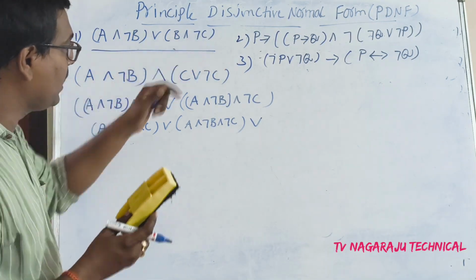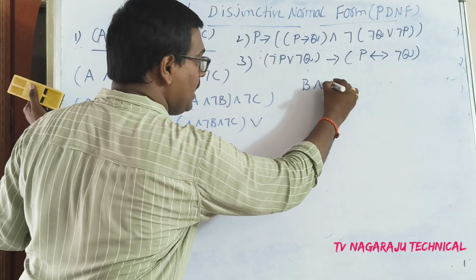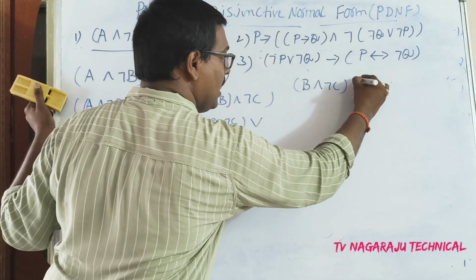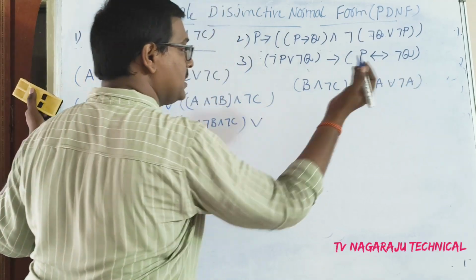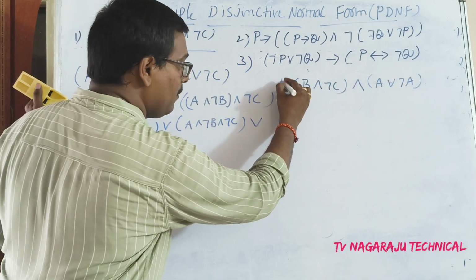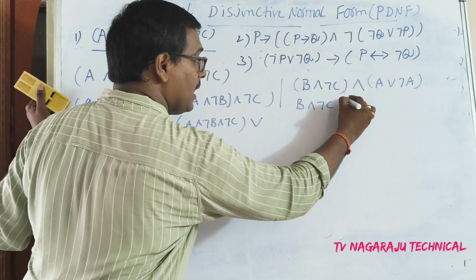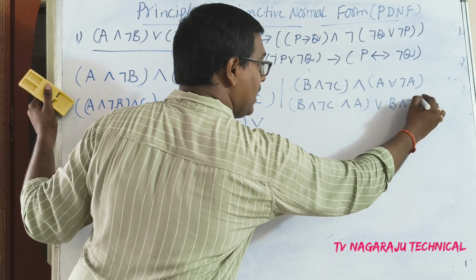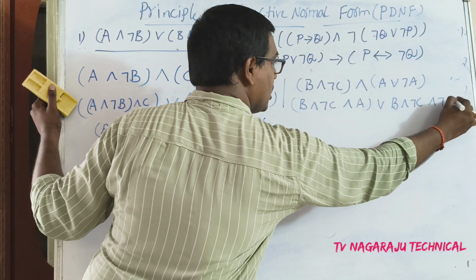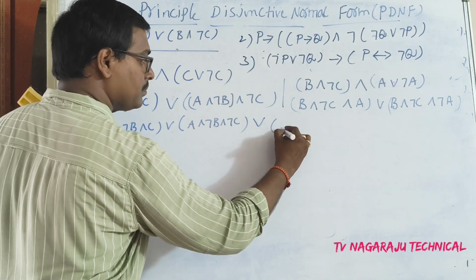For B and negation C, use the same procedure. B and negation C AND with A or negation A, whatever the missing literal. Now what happened for this? B and negation C and A, or B and negation C and negation A. Here I will write down negation A first.